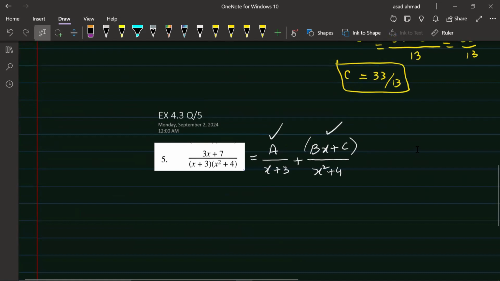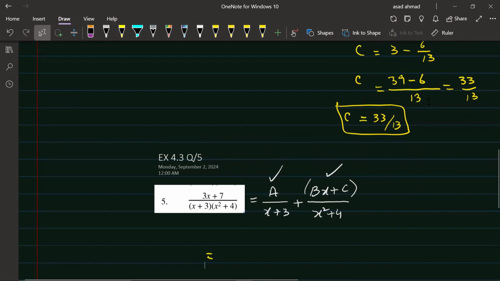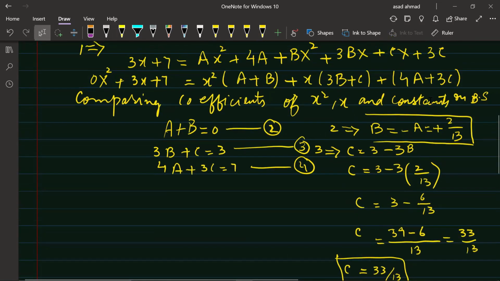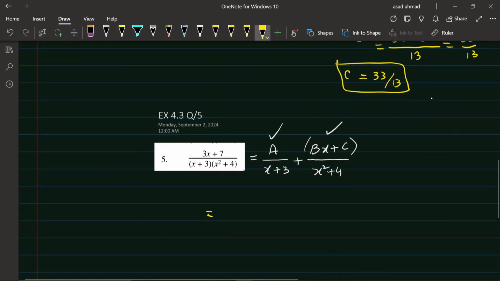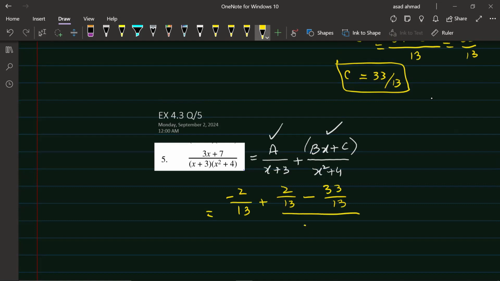Now we have to be very careful while finalizing the answer. First we will substitute the values of A, B, C. So A is minus 2 over 13. Substitute it right here. B is plus 2 over 13. And C is 33 over 13. So in the first step, we will substitute the values of A, B, C.